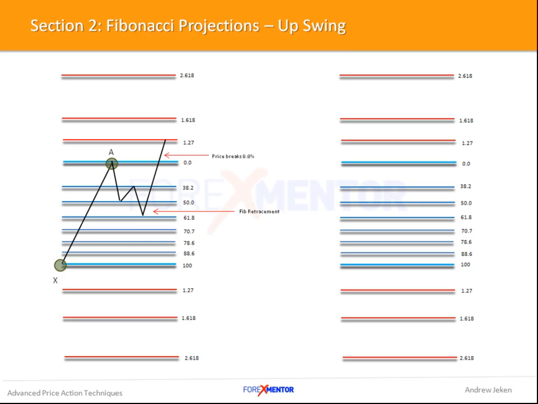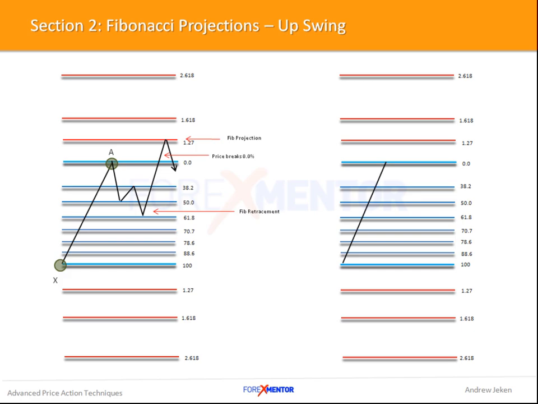So price breaks the 0%. Remember, from X to A, we have the 100% here and the 0%. Price comes down, retraces, finally finds support at the 62, and then it rallies. It takes out the highs at A, or the 0% level, into the 127 extension. So that's your fib projection.